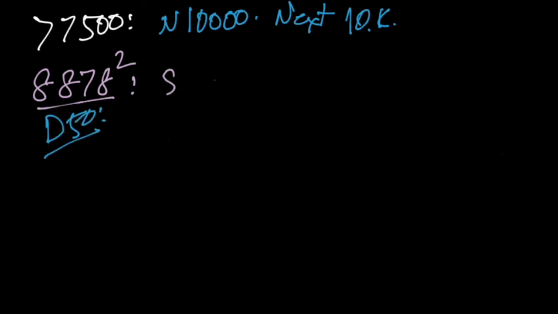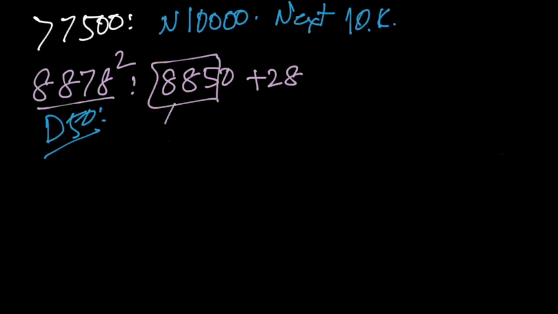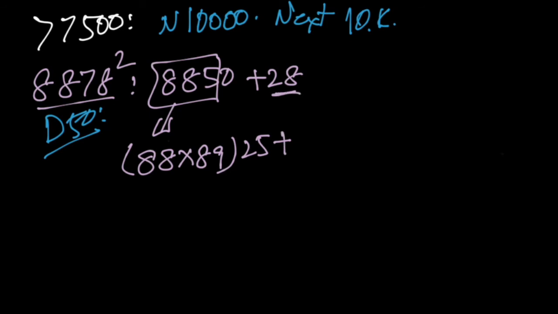With D50 this becomes 8850 plus 28. So, here we do the square of this number. So, this becomes 88 times 89, we put 25 in the front, then we add, what do we add? We do double of this and we add 1.